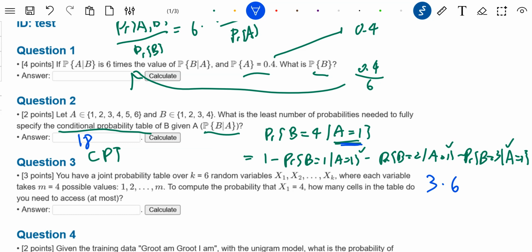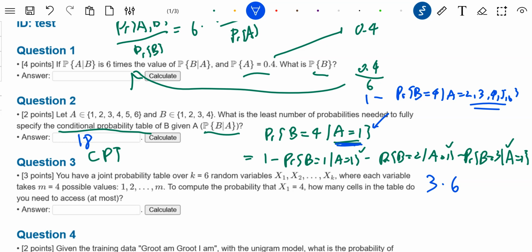But you may want to ask, can we compute this as something like the probability of B is 4 being 1 minus the sum of B is 4 given A is 1, 2, 3, 4, 5, and 6? And the answer is no. The conditional probability just means given A is 1, B has a distribution. Given A is 2, B has a different distribution. So they are completely not related.